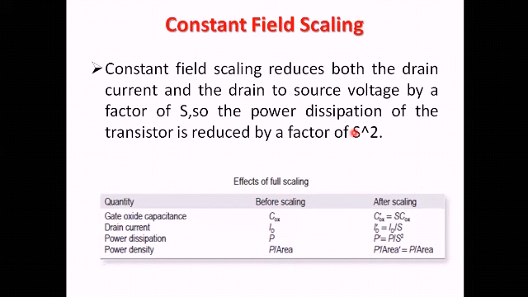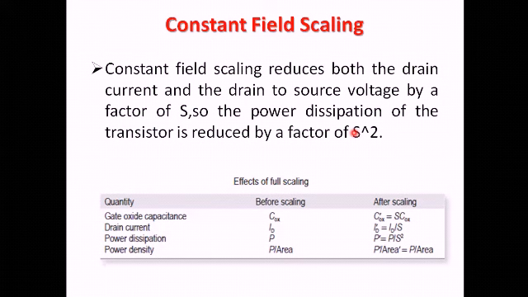Since the gate oxide capacitance Cg is scaled down by a factor of S, we can predict that the transient characteristics, that is the charge up and the charge down times of the scaled device, will improve accordingly. In addition, the proportional reduction of all the dimensions on chip will lead to a reduction of various parasitic capacitances and resistances as well, contributing to the overall performance improvement.